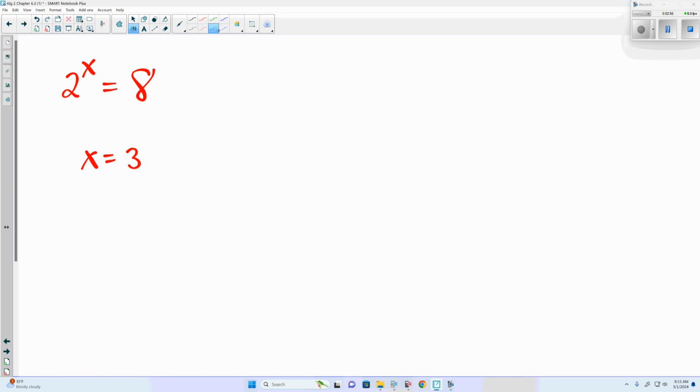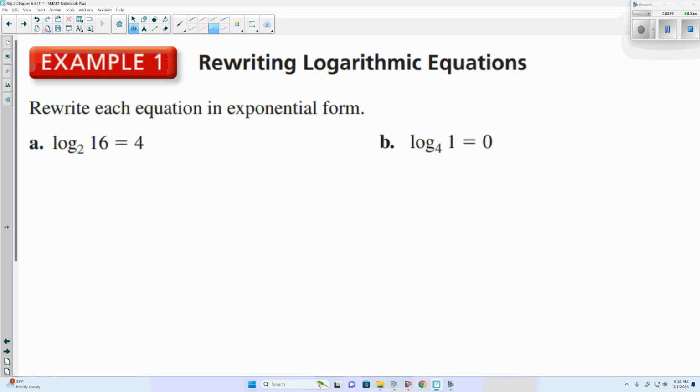Well, the reason that these are nice is if I said 2 to the x is equal to 5. Well, 2 squared is 4. 2 to the third is 8. Is there a number that works for this here? Well, there is. It just takes us a little while to get there, and logarithms are going to be helpful for actually finding this.